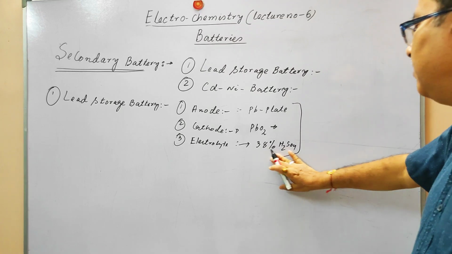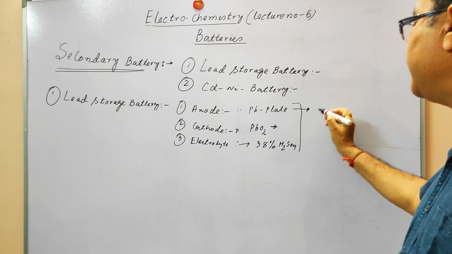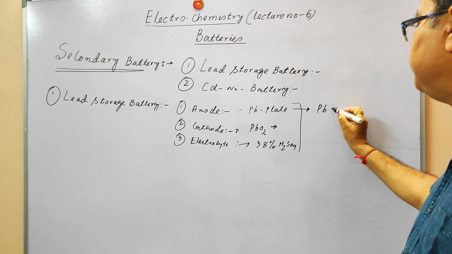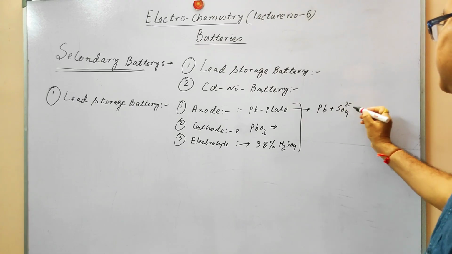Now what is the reaction? At the anode, Pb is oxidized by SO4 2 minus coming from the sulfuric acid.